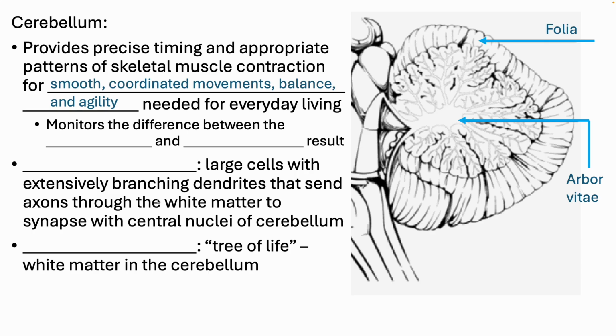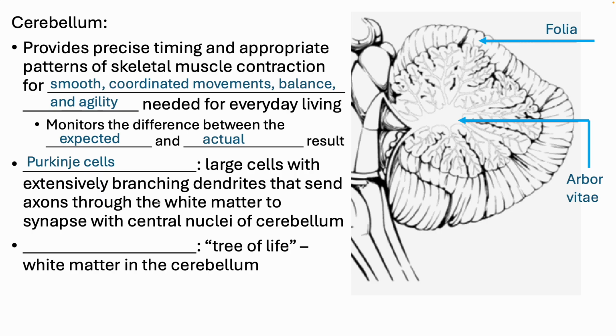It protrudes under the occipital lobes of the cerebral hemisphere, and as I mentioned in a different lecture, it is separated from the cerebrum by the transverse cerebral fissure. So the cerebellum is going to be monitoring the difference between the actual and the expected result.